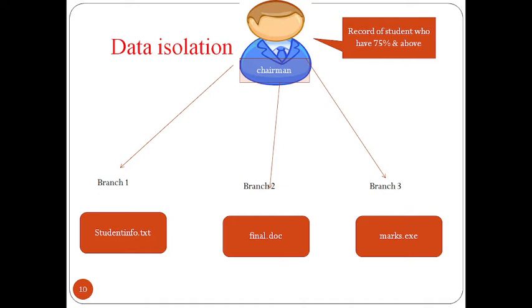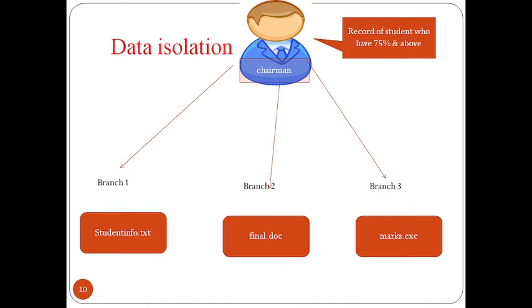So getting the data from these different branches to the chairman, he is getting confused because the data is in different formats. He cannot combine it, and he cannot process it further.